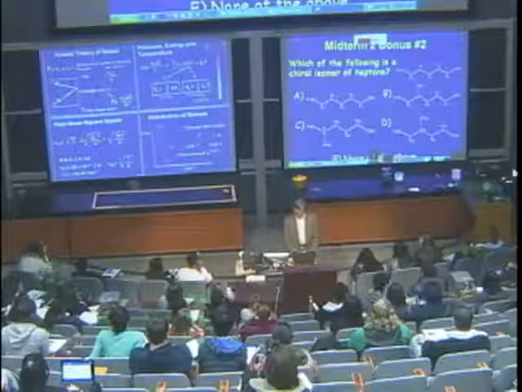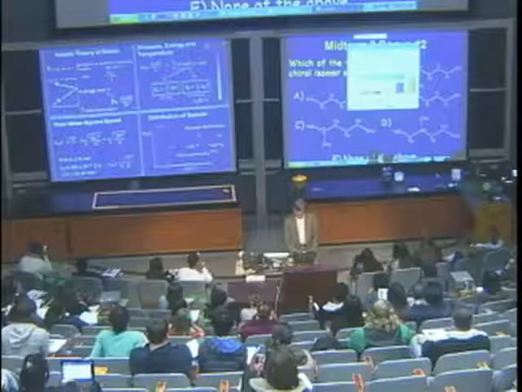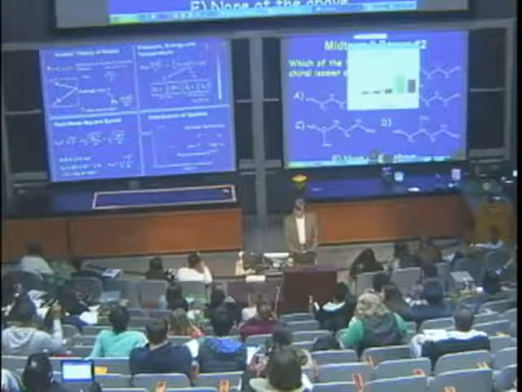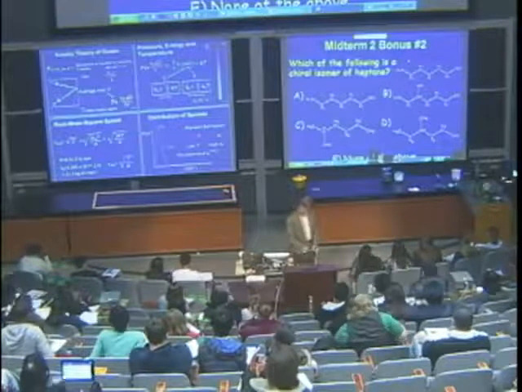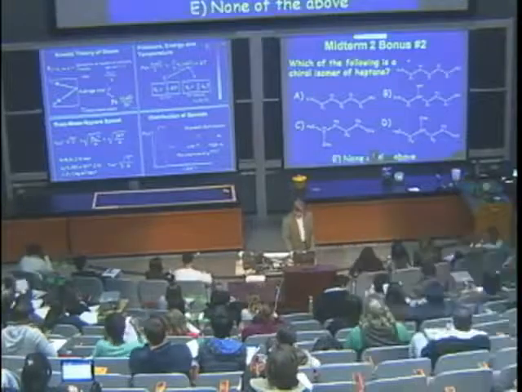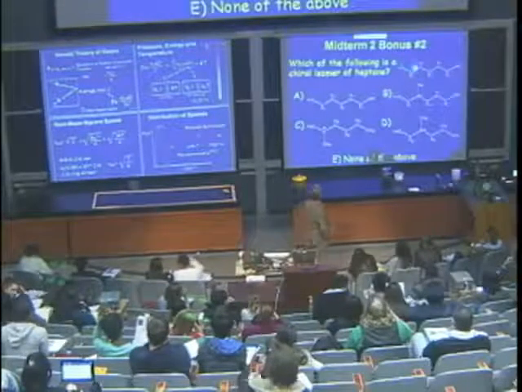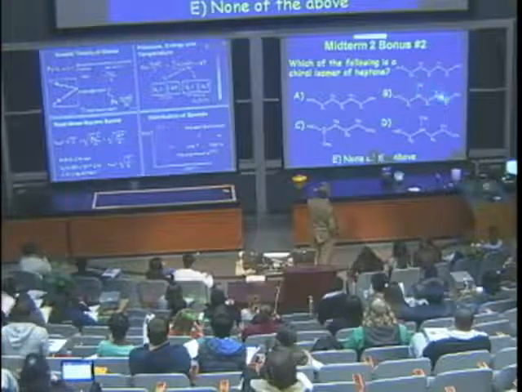What's the answer? D. I think I agree with that. Okay, but why do I agree with this? Now let's have a look at this here. 1, 2, 3, 4, 5, 6, 7. 1, 2, 3, 4, 5, 6, 7, 8.